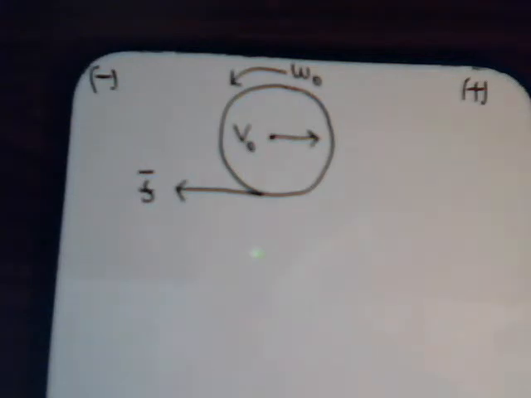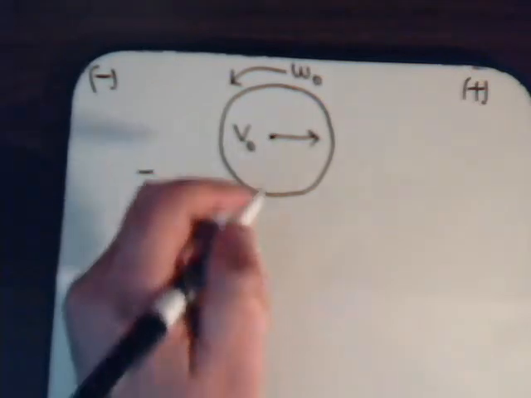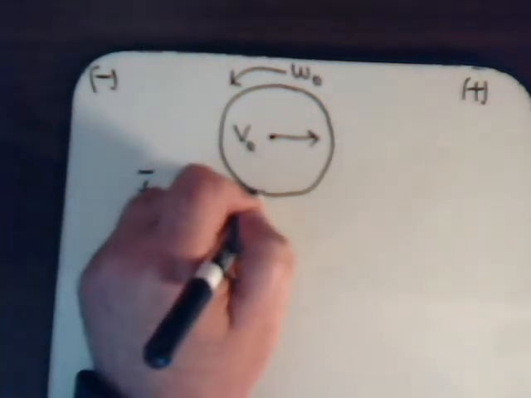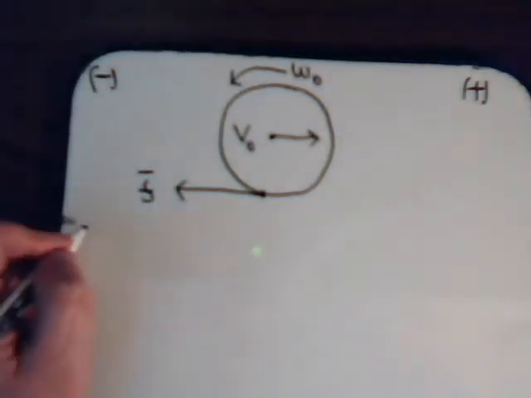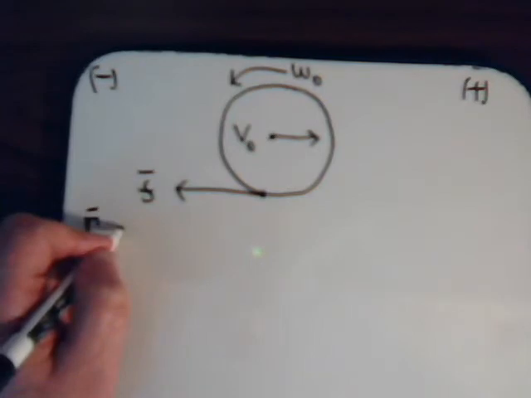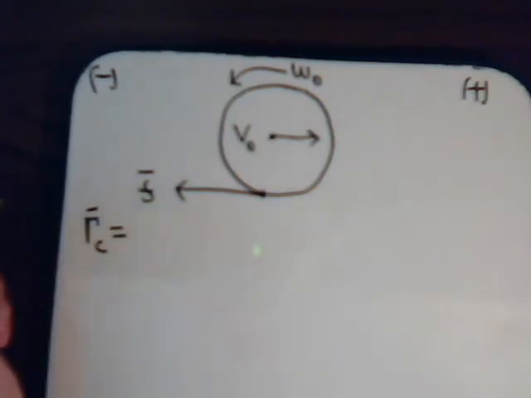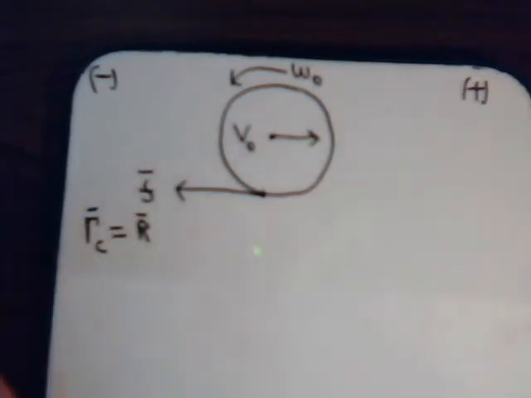Now, in the last video, we started off by taking the torque about the center of mass. Let's do it in this video at the contact point, just where the ball makes contact with the surface. And in general, of course, the torque is the cross product of a position vector with a force.